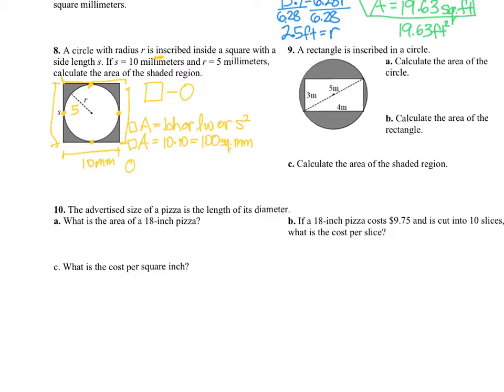So now the circle area is pi times radius times radius. So 3.14, and the radius is 5. So the circle area is going to be 78.5 square millimeters.